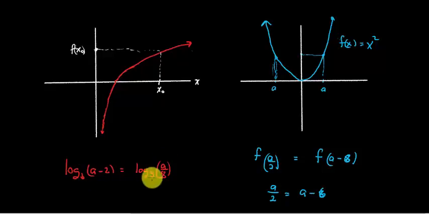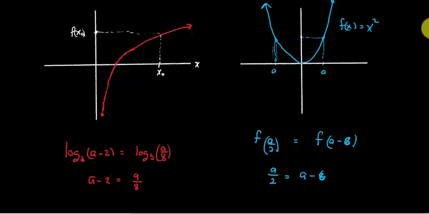Well, since any value I plug in for the function can only give me one functional value, then when the functions are equal to each other for two different expressions that I plug in, the only way that can happen is if the expressions themselves are equal to each other. So with logarithmic functions, I could now say that a minus 2 has to be equal to a divided by 8.